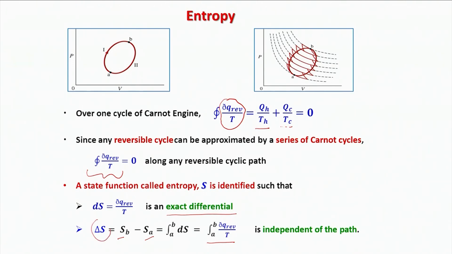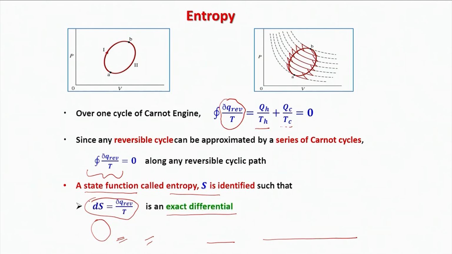Look at delta S. Its value depends only on the value of S in the final state and the value of S in the initial state. Therefore, the value of delta S is independent of the path. And therefore, I argue that we have looked into a state function now which is entropy, which is defined like this, where dS is an exact differential and delta S is independent of the path.